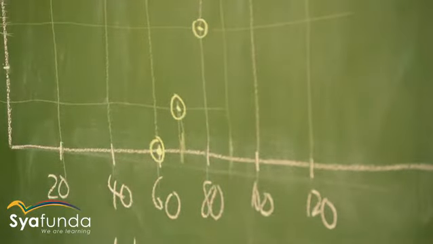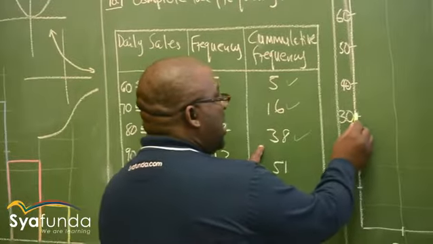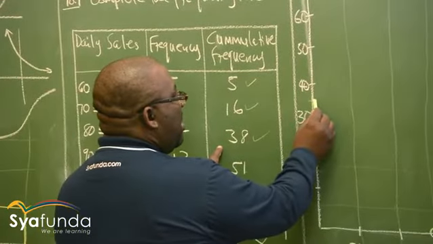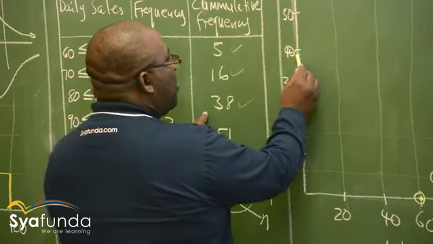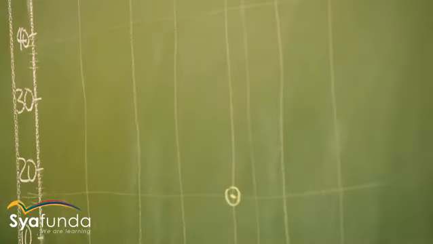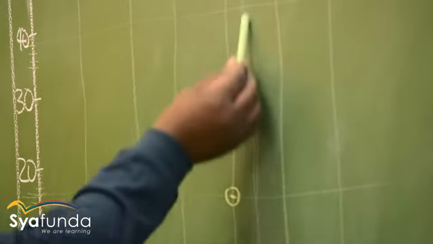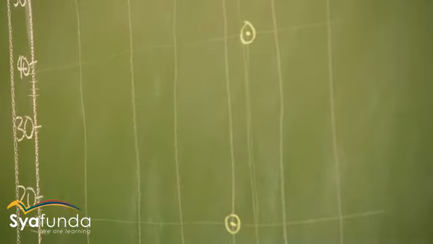What does 90 go with? With 38. If this is 30, 35 will be there, then 36, 37, 38, 39, 40. So 38 will be somewhere here, halfway. So that's my other point.